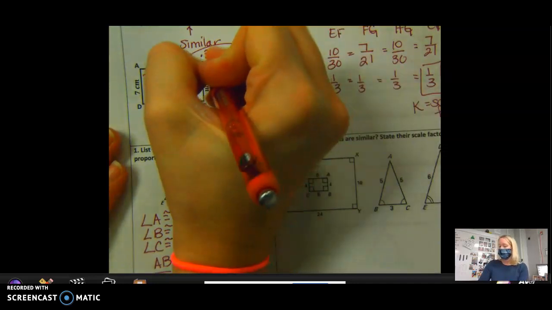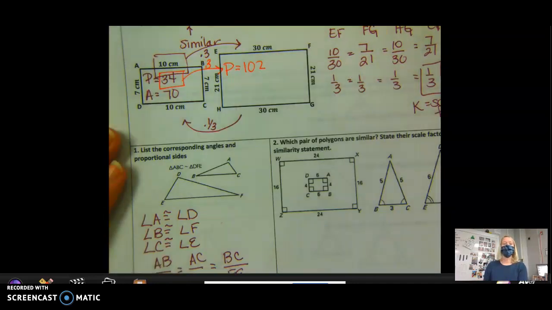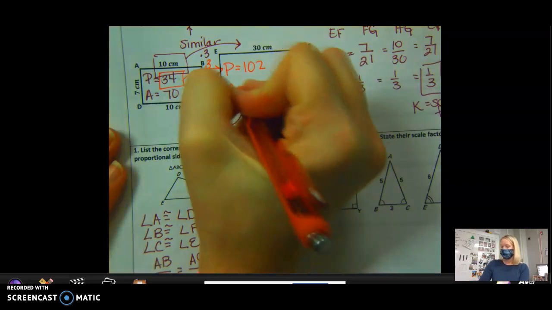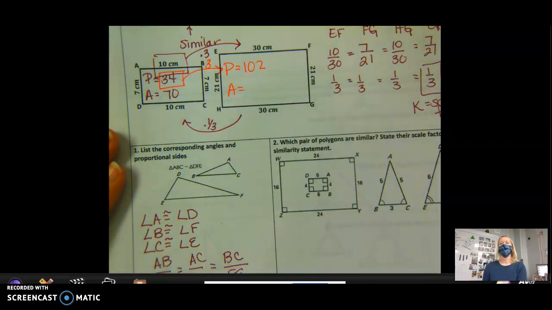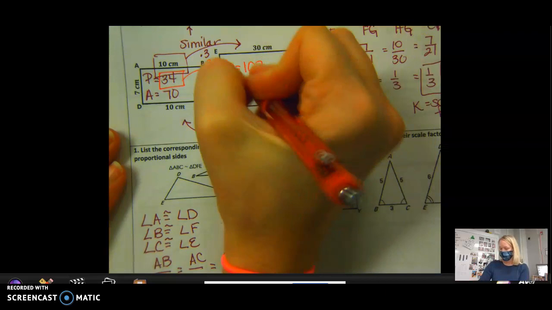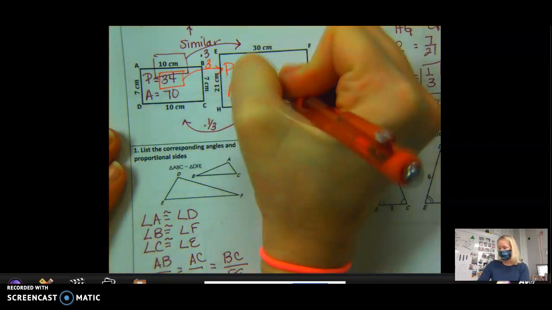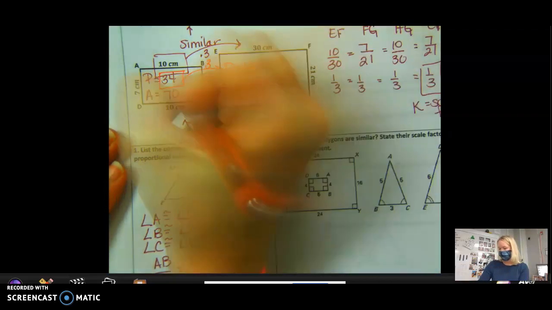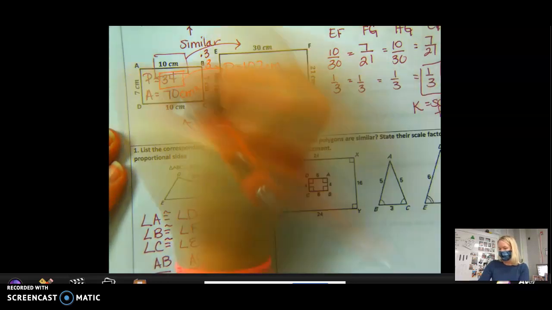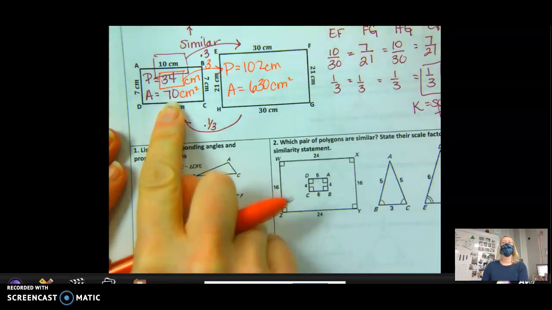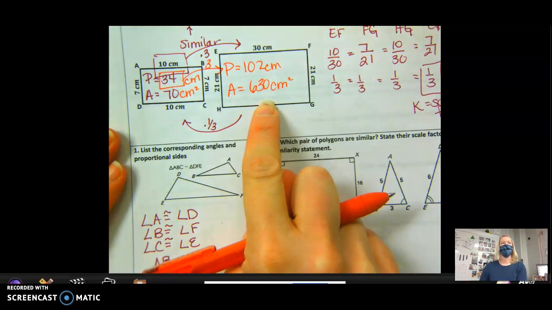So, perimeters, you just multiply by the scale factor, right? What is the area here, though? 630. I guess I should be putting my units on this, huh? How do I get from 70 on this guy to 630?